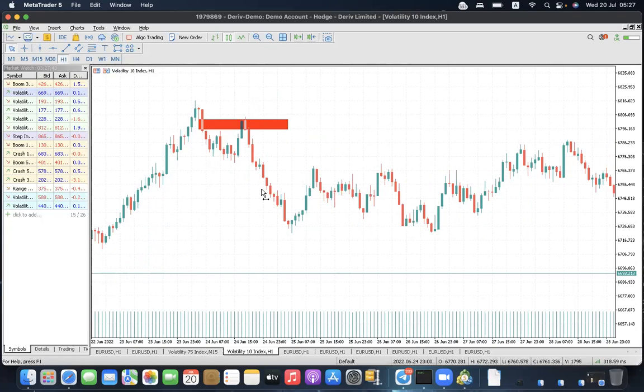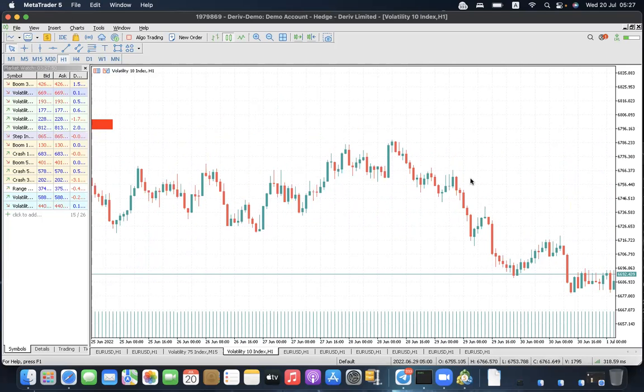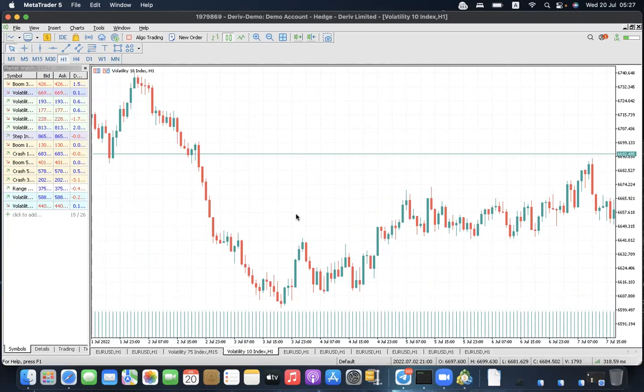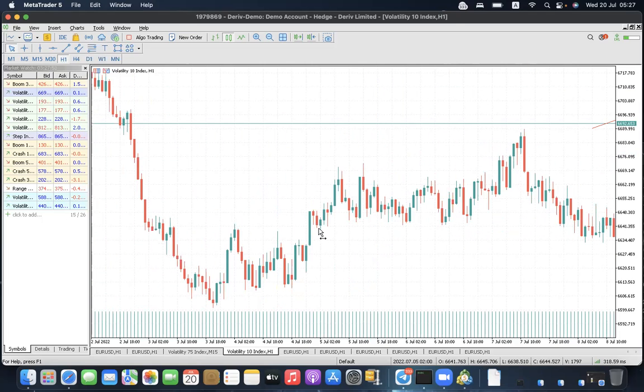We can also see that when we were downtrending and twisted to an uptrend, that's the point that we want to look at. Do we see a gap here? Yes, there's a gap.